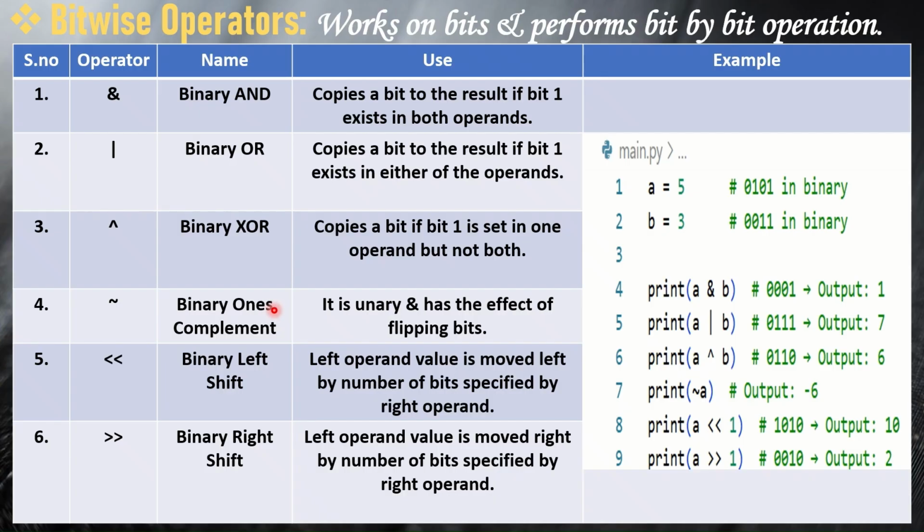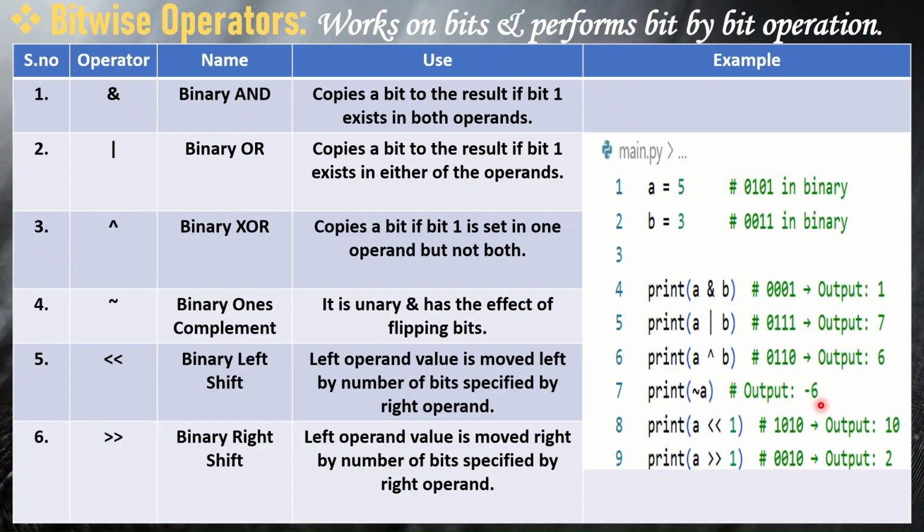And next one is the binary ones complement operator. It's a unary operator and it flips the bits. So a 0 bit is flipped to 1 and a 1 bit is flipped to 0. If I flip the value of a, then 1 becomes 0 and 0 becomes 1. So it results in 1, 0, 1, 0.